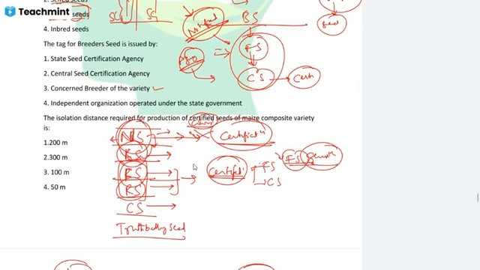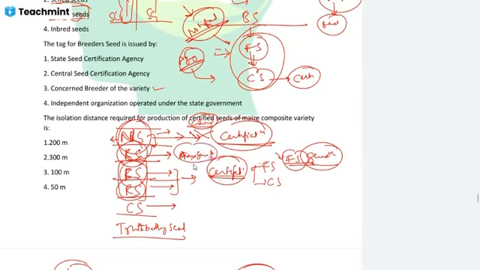That is why there is no organization that will intervene and look into the quality of these seeds. That is why we say breeder seed has the maximum genetic and physical purity, because breeder and nucleus seeds are only a handful of seeds. Since the concerned breeder takes care of the multiplication, he ensures the quality standards.